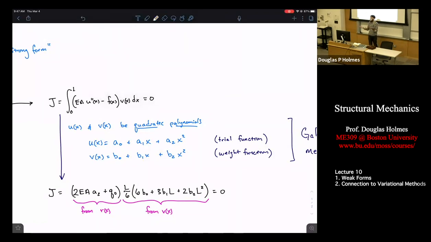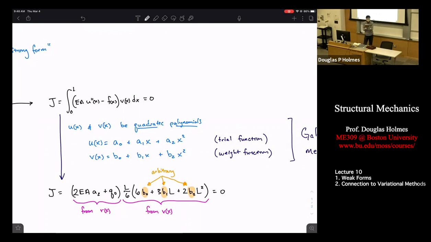if we could just throw in some random function, some test function, so that we can integrate over some domain, then that test function, which has some unknown coefficients, these better be arbitrary. Our solution better not depend on these arbitrary constants of this thing that we threw in there.